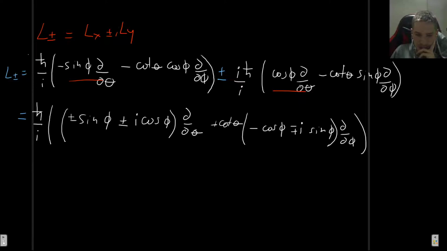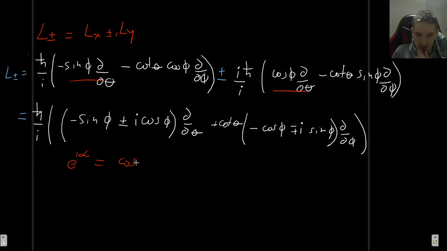Now let's take a look at what is in here. So this is i cosine phi with this plus or minus sine phi. Here we have minus cosine phi minus plus i sine phi. So both of these things kind of resemble the Euler formula. I don't want to use theta or phi, let's just say alpha.